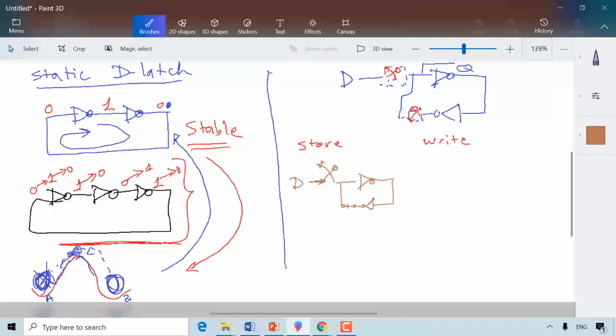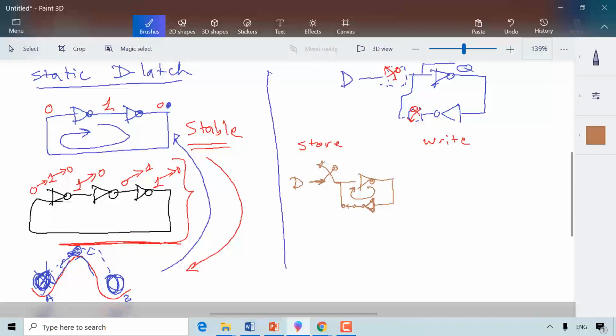Now you can see that the data circulates stably. Whatever we have stored, we keep. This is a back-to-back inverter, a very stable configuration. This is for the store.